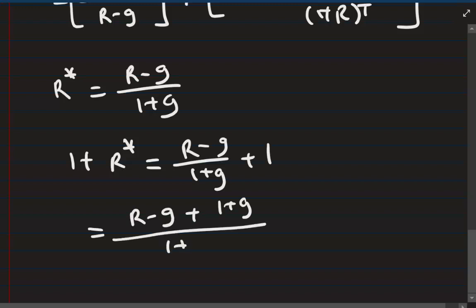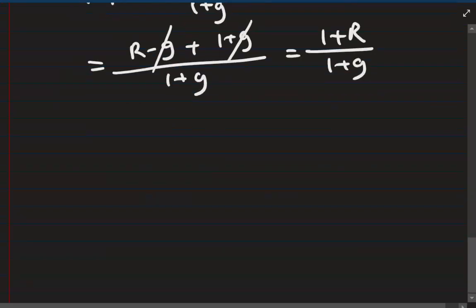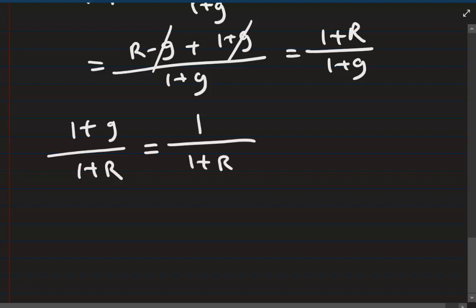That means 1 plus G over 1 plus R is the same thing as 1 over 1 plus R star. This is going to make our job easy when we're making calculations in Excel.